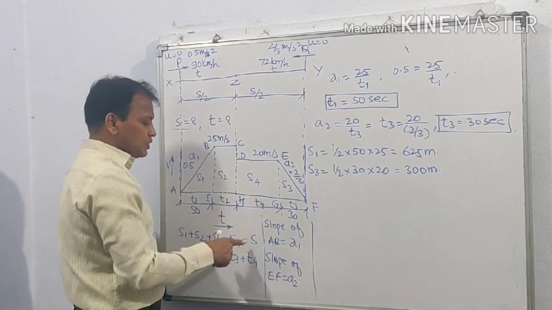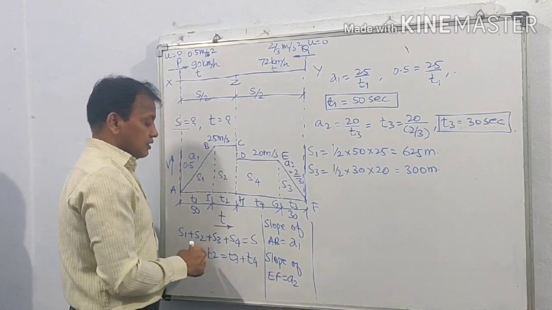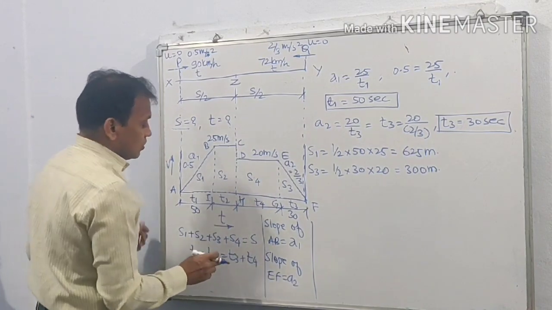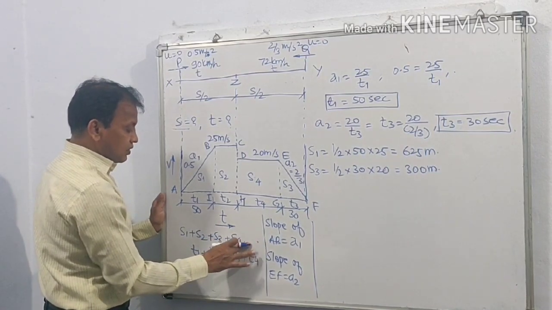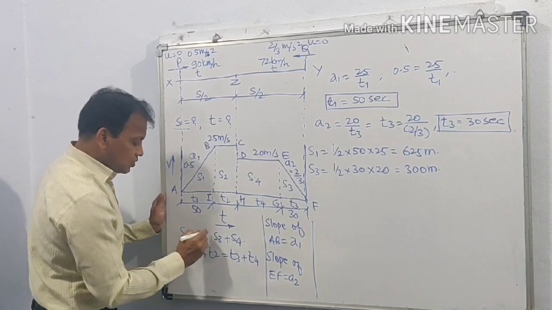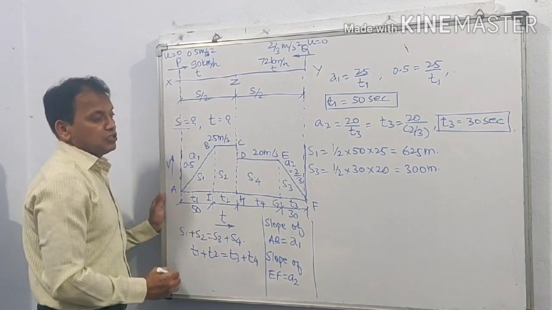Let us put values of S1 and S3. Here we can write S1 plus S2 is equal to S3 plus S4.